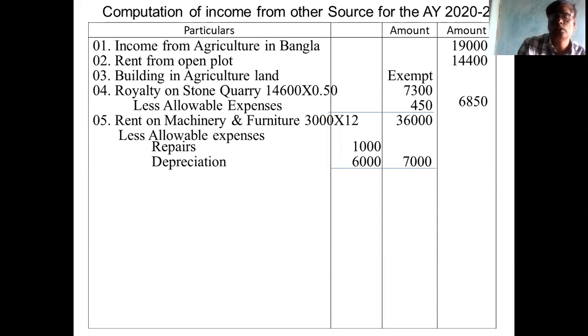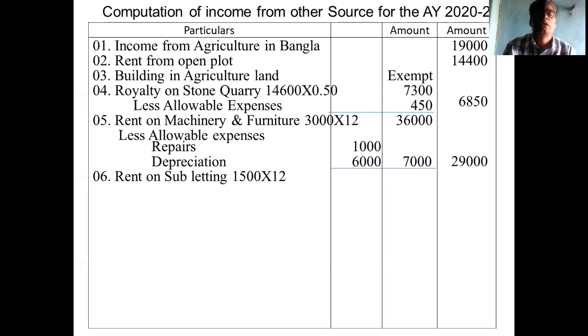You deduct 7,000, remaining is 29,000. 29,000 is income from machinery and furniture. And the sixth point is rent from subletting. 1,500 is the subletting rent per month, into 12, it is 18,000.